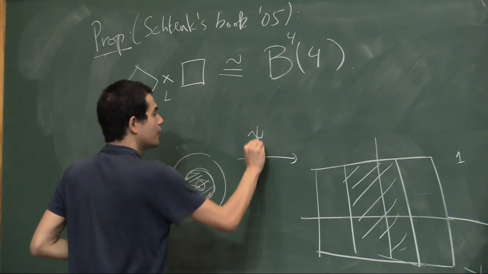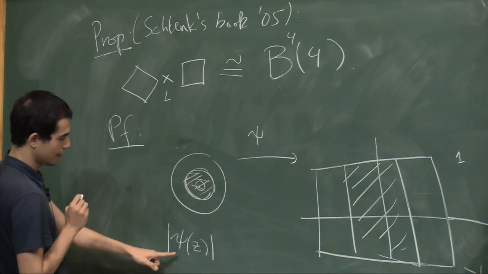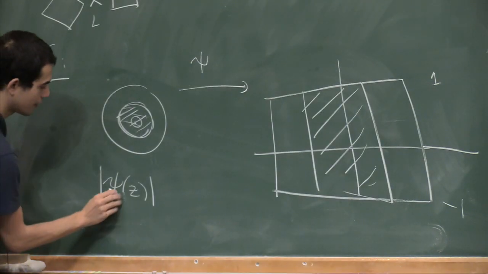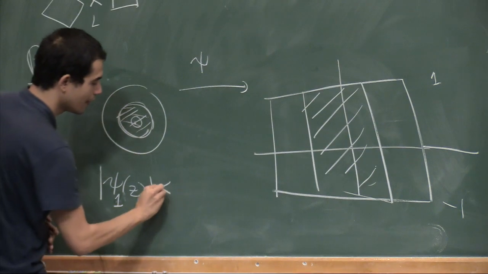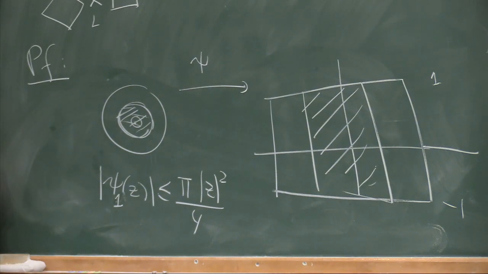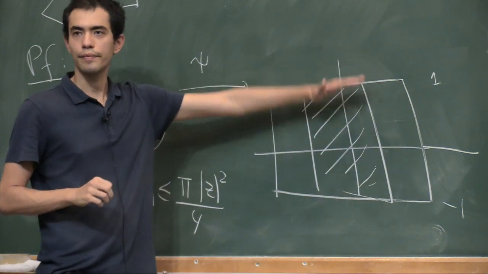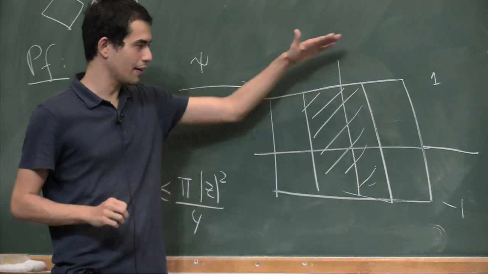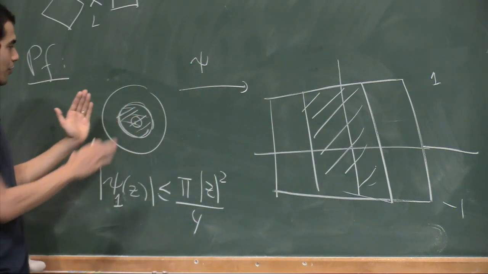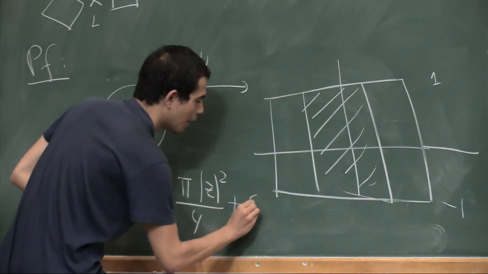So you want the norm of the first coordinate of psi to be less than or equal to pi norm of z squared over 4. That's what you would get if you can transform a disk into a rectangle of height 2 and variable length. So this would have the same area. But you can't exactly do that. It's clearly not going to be a diffeomorphism, so you need a little wobbling space. But you can do it up to epsilon.